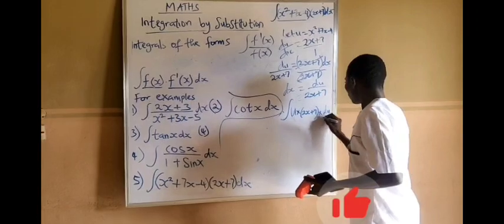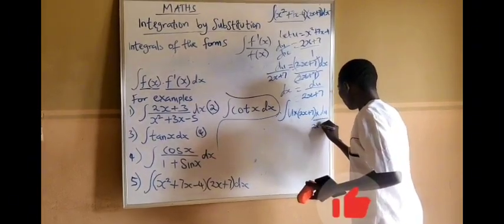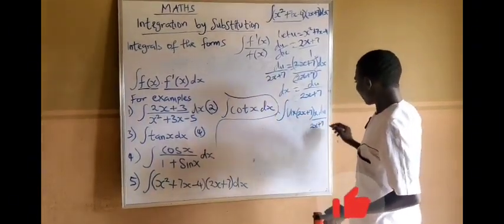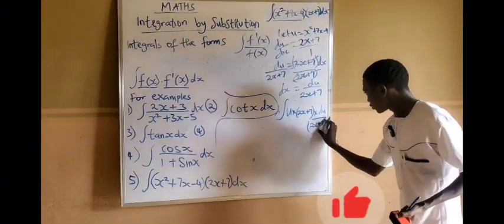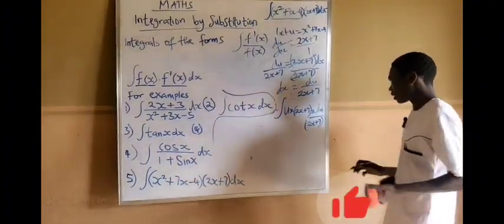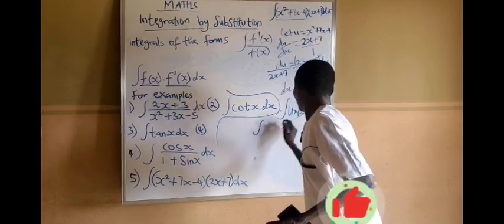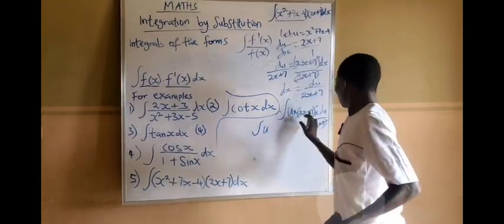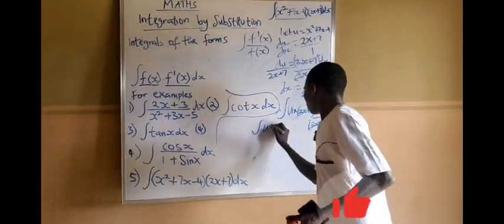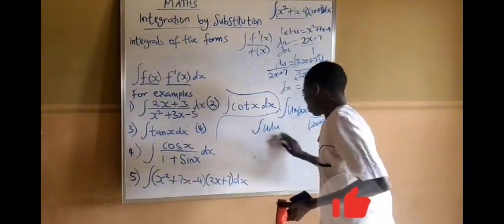If you look at this 2x plus 7 and this 2x plus 7, they cancel each other. We are now left with the integral of u times u to give you u all over 1. Just leave it like that.